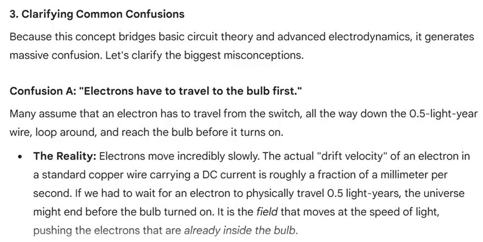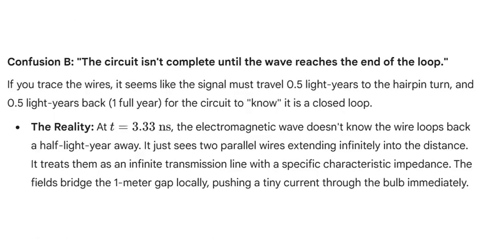The reality, electrons move incredibly slowly. The actual drift velocity of an electron in a standard copper wire carrying a DC current is roughly a fraction of a millimeter per second. If we had to wait for an electron to physically travel 0.5 light-years, the universe might end before the bulb turned on. It is the field that moves at the speed of light, pushing the electrons that are already inside the bulb.